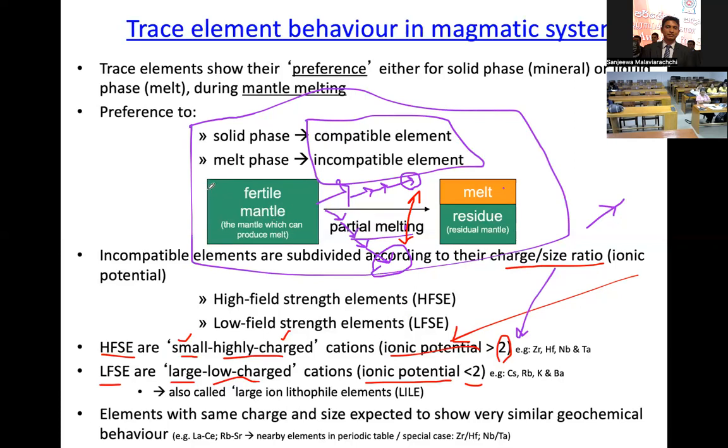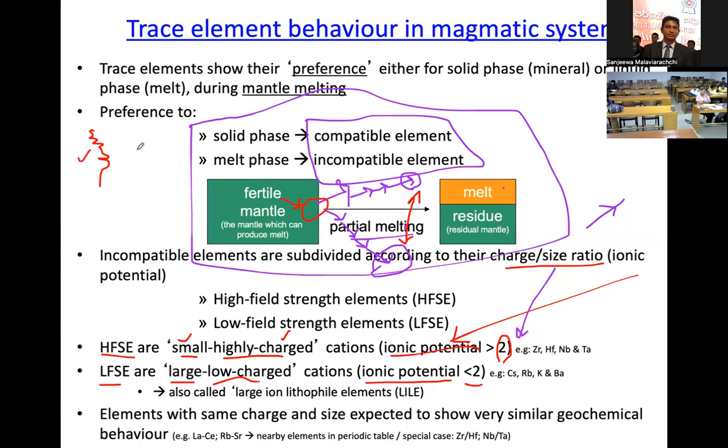The original mantle that we discussed, which was melted from here, we call fertile mantle, because fertile means it has the ability to produce melt. Always remember, fertile mantle means the mantle which has an ability to produce melt out of it, right? Some peridotite can produce basalts as a result of partial melting, whereas some peridotite cannot produce melt.